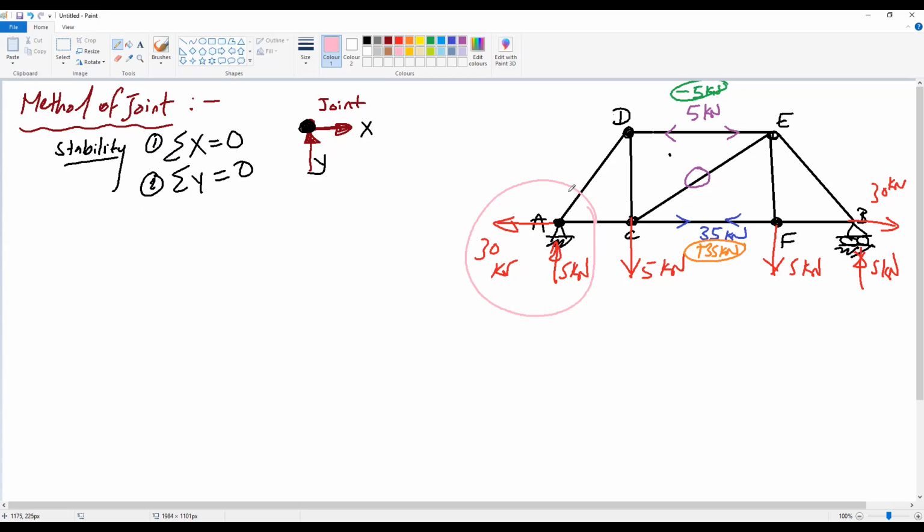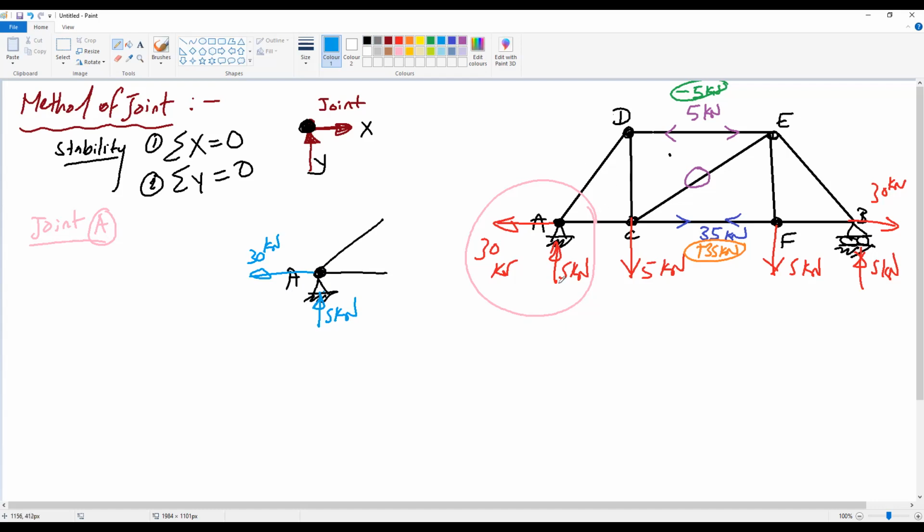If we take joint A out, so this will be joint A. When you take joint A, don't forget to take the forces at A, 30 kilonewton and 5 kilonewton up. What else will be at A?